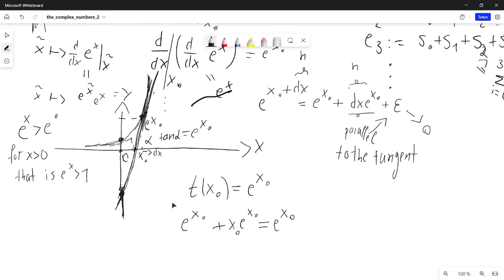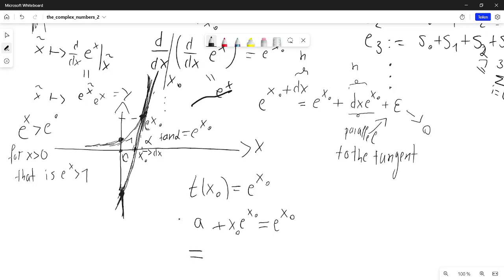So, sorry, we simply have that point, and we don't know this value, right?